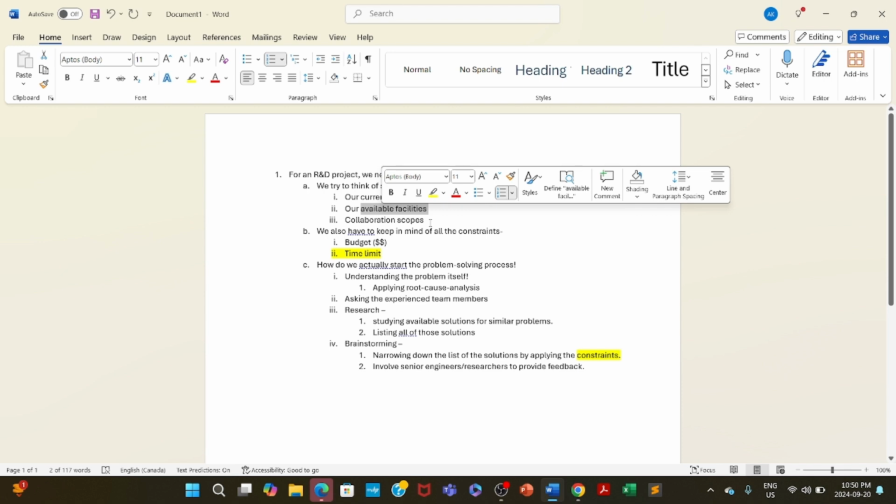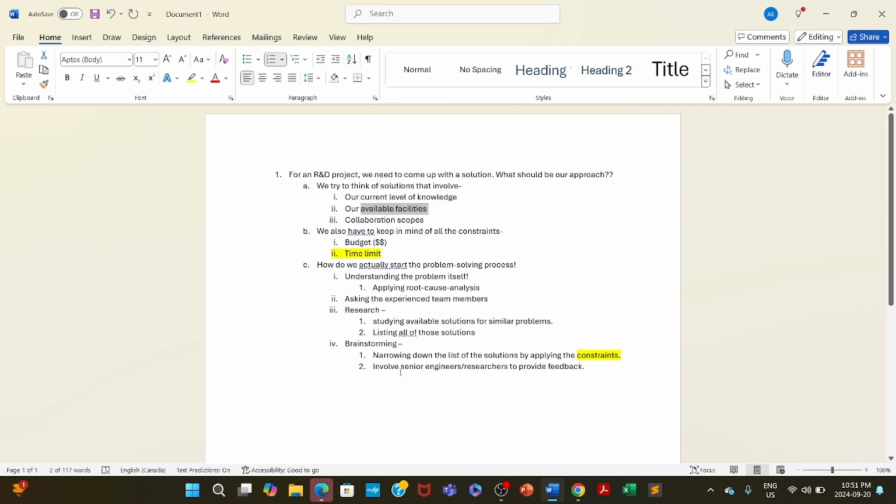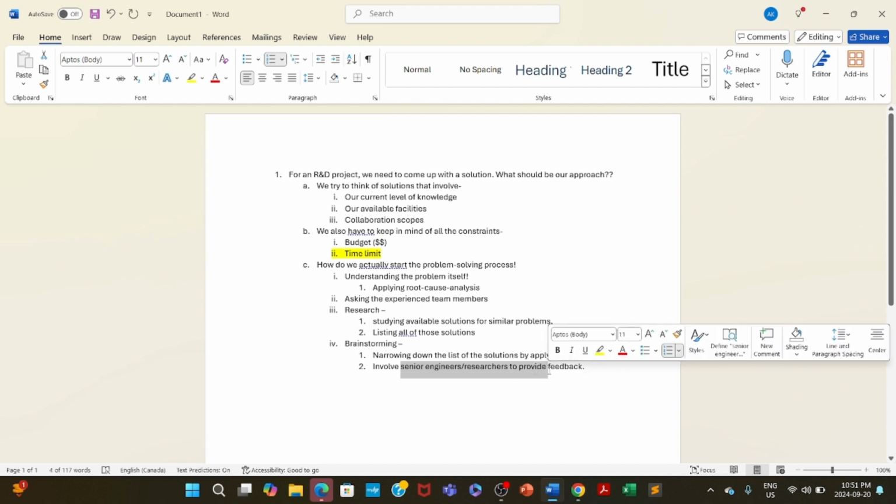Those things come with experience with the facility, so you would probably get some suggestions from the senior engineers or researchers who have been working in the company for years, and they can provide more feedback on the narrowed down list, so you can narrow it down further to probably two or three solutions that you should actually invest your time on.